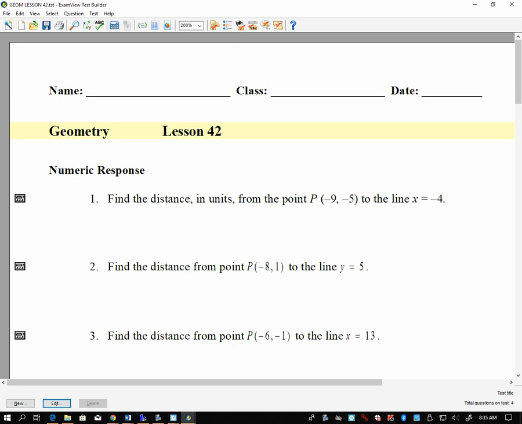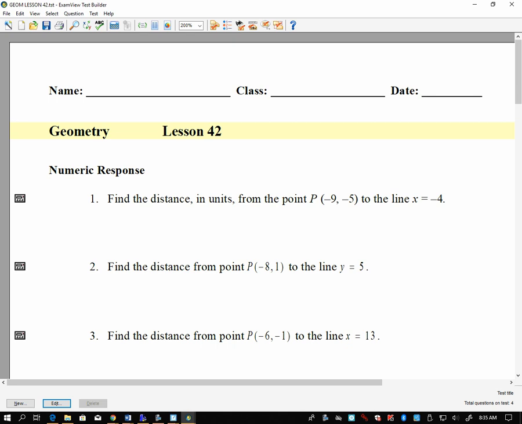All right, if we want to find the distance in units from point (-9, -5) to the line x equals -4. What's unfortunate about some of these questions that come up is that they're the absolute easiest form of what we can do. You'll notice, what kind of line is x equals -4? It's a horizontal line.